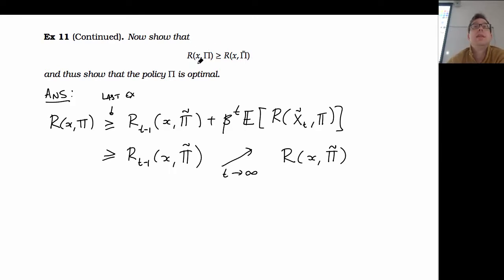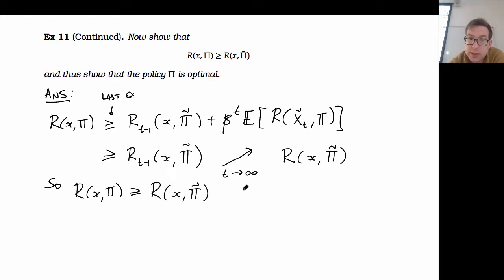Because if the reward for my policy is better than any other policy pi tilde, then it has to be optimal. Okay, and that's it.